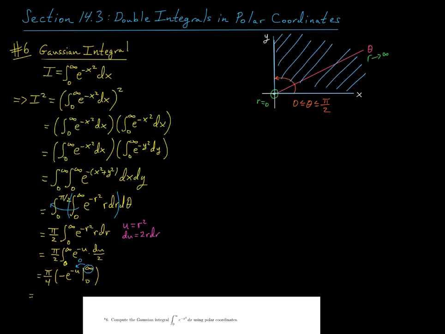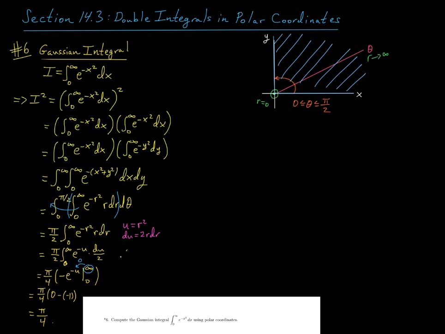So in fact, this is going to equal pi over 4 times 0 minus a negative 1. And so that's just going to equal pi over 4. Okay, now be a little careful here. Is pi over 4 the value of our Gaussian integral? Not quite. Remember, this is actually the value of I squared.